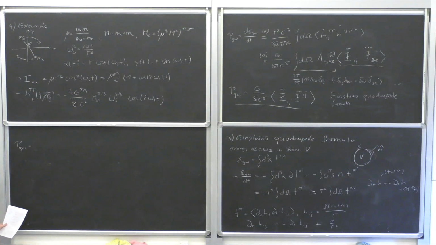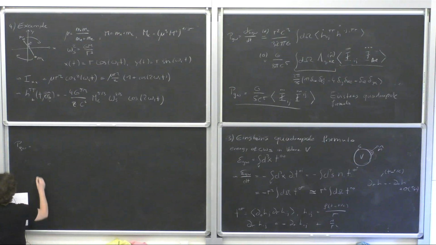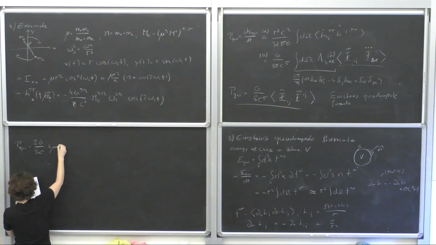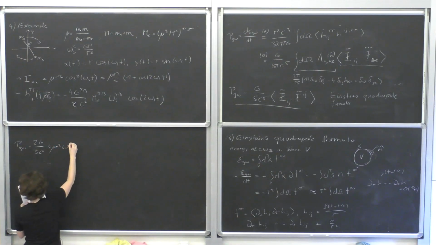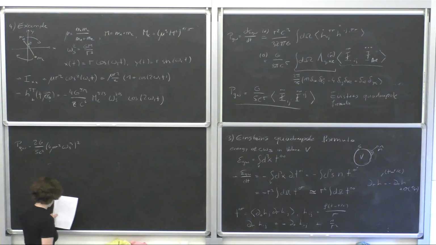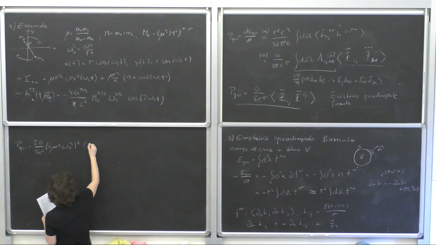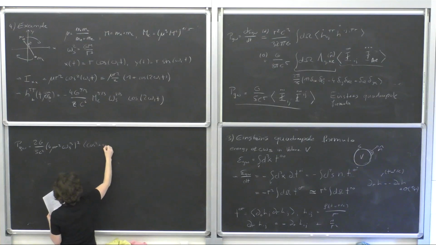And now what I will get is 2G over 5c squared, 4 mu r squared omega s cubed, squared. This is just from the square. And then I get the cosine squared plus sine squared, so that's just 1.